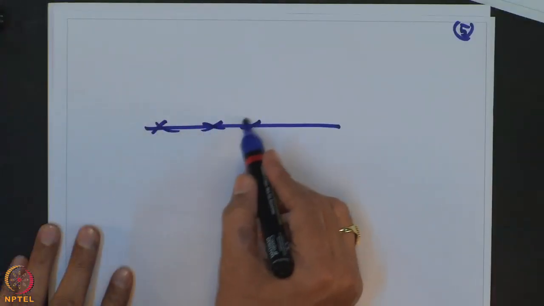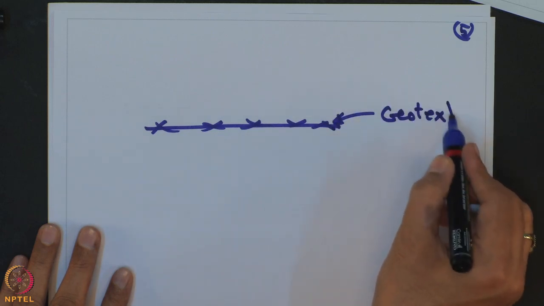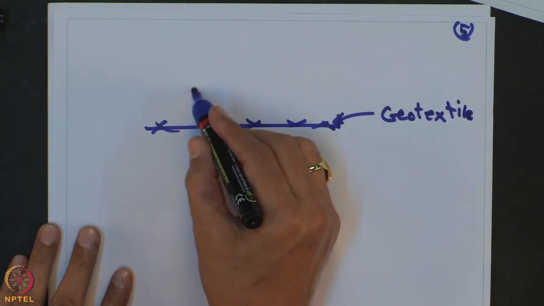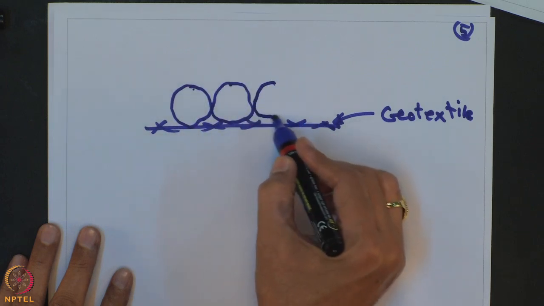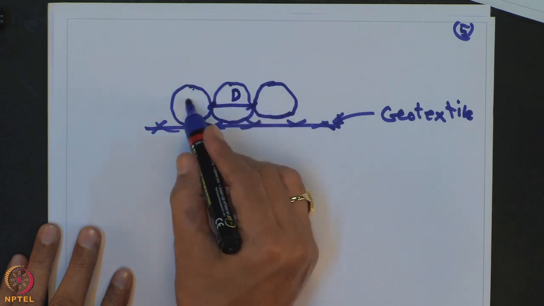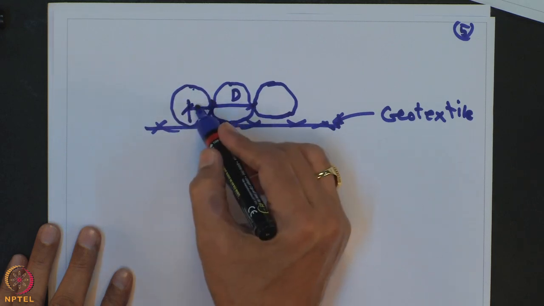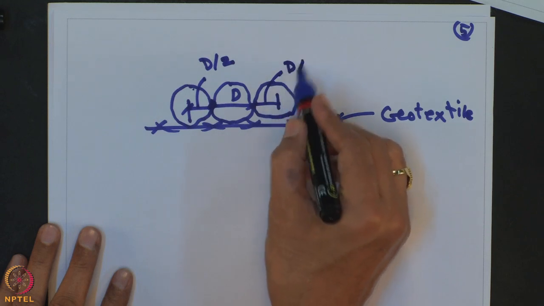So, if this is the geotextile material, and after applying the load, and this is D, this portion is D by 2 and this portion is D by 2.